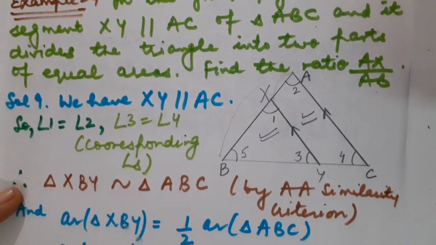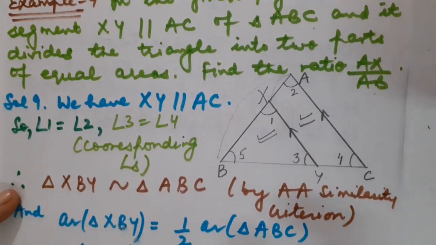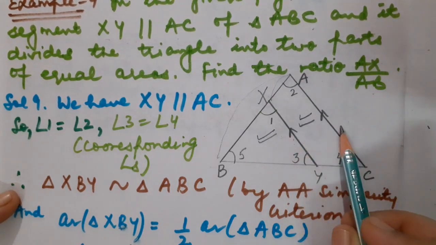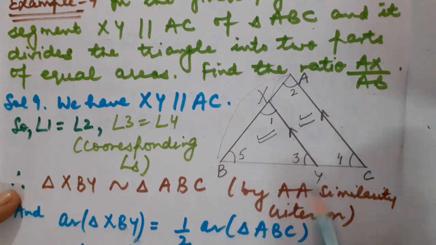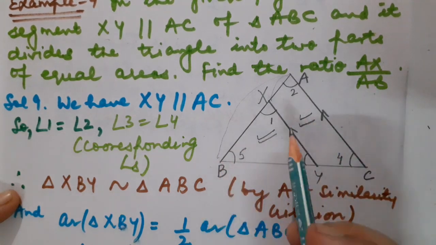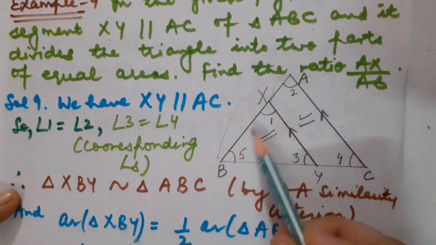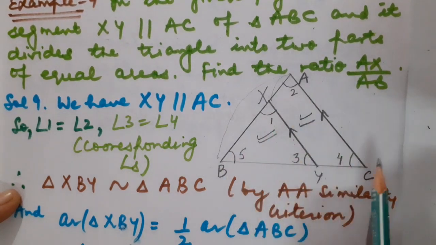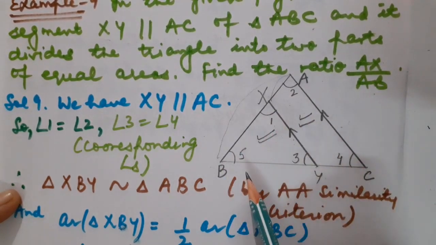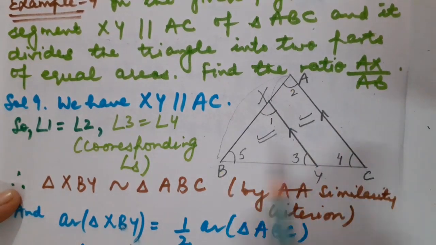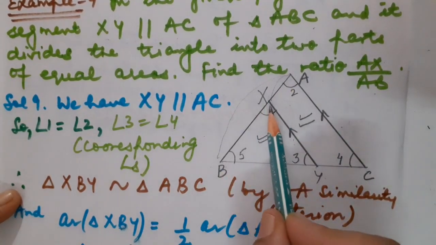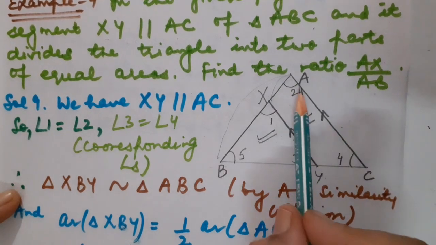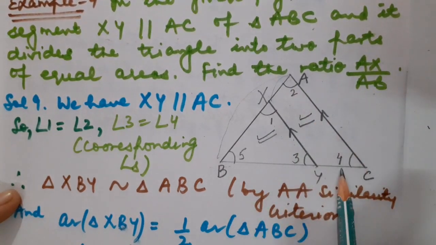So let us start. First of all, children, you know that XY is the line which is parallel to AC. Here I have marked a few angles for your convenience. Let angle BXY be angle 1, BAC angle 2, ABC angle 5, XYB angle 3, and of course ACB angle 4.